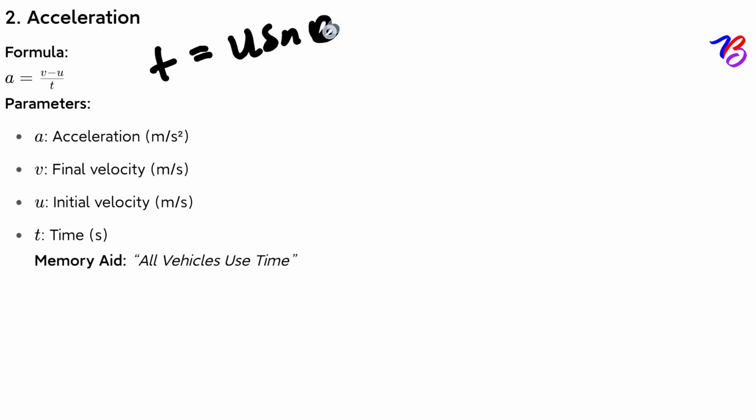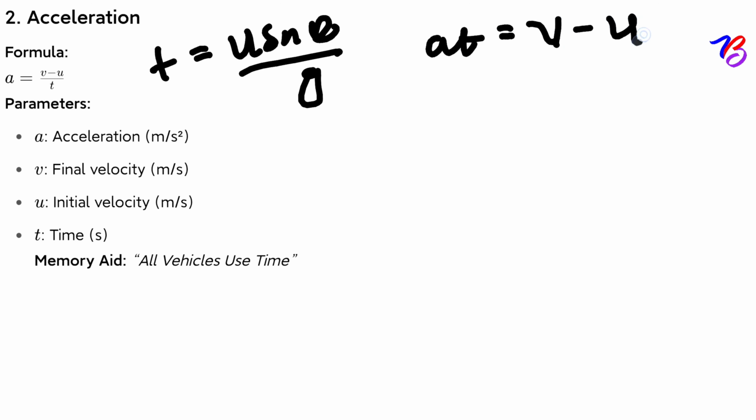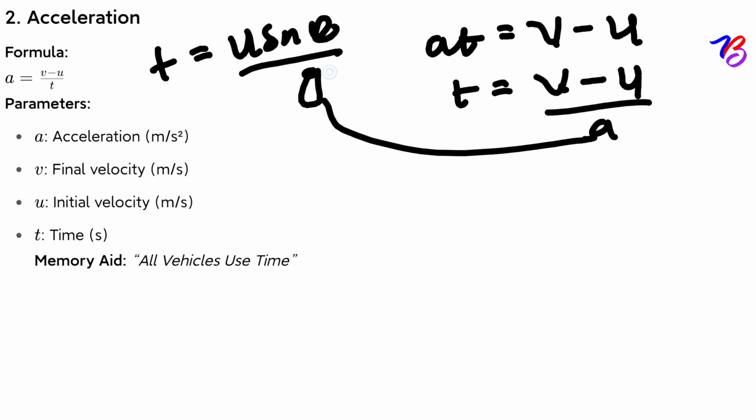U sine theta over what? G. Of course, if you make T the subject of the formula here, we'll have AT is equal to V minus U, right? So that T is equal to V negative U over A. If you look at it, this is related to this and this is related to this. So take note of all this.